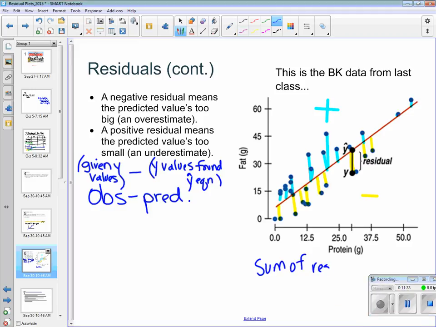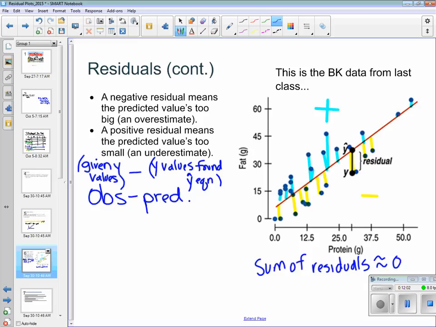I believe that is something that you will show on your scatter plot investigative task. I think one of the questions says, what is the sum of the residuals? You're going to find all of the individual residuals and show me what they add up to. Due to rounding, it might be like 0.002 or negative 0.005 or something, but it should be close to 0. Okay?